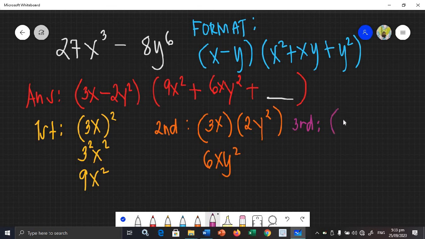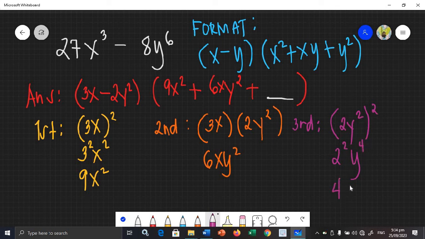So we will be squaring 2y squared. Okay, so it is simply 2 squared and then, if I'm not mistaken, this is the power rule. So you cannot add the exponents, but you need to multiply them. Okay, so 2 times 2, that is 4.